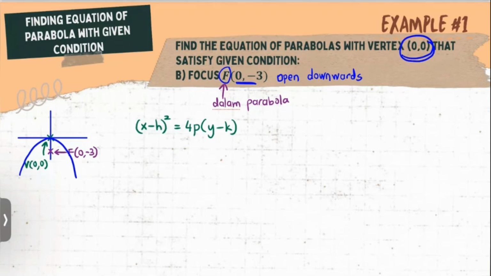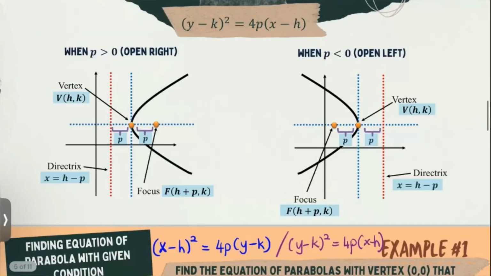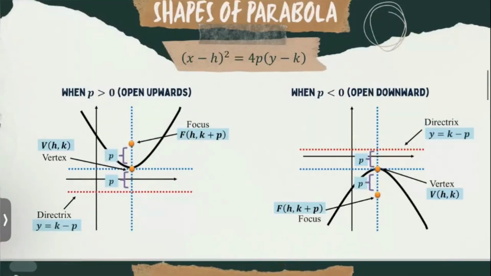And then what else yang kita tahu? Bila dia open downwards, that means our p will be negative, less than 0. Okay, so now kamu dah tahu formula dia apa. Sekejap kita try guna comparison. Okay, ini open downwards dan sini focus. Macam nak dapatkan focus?